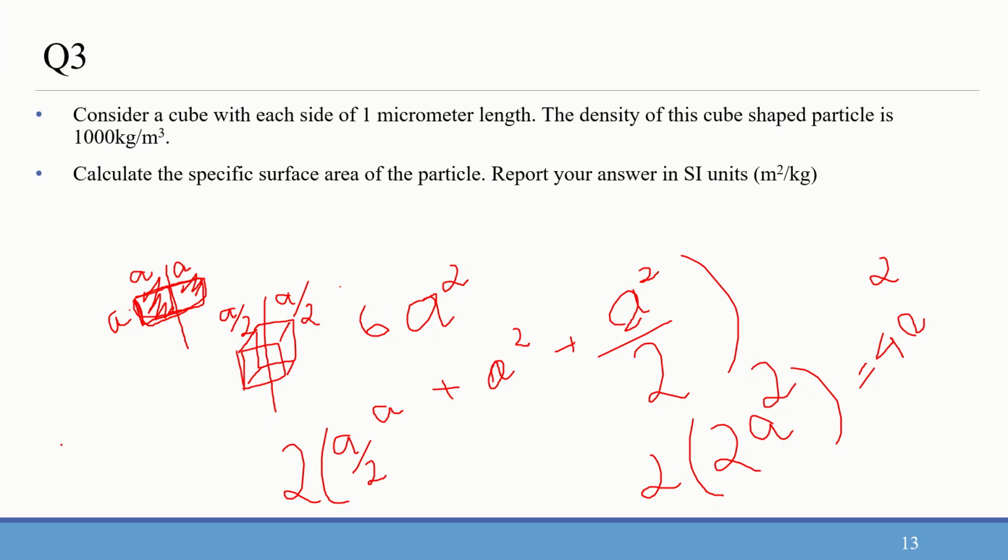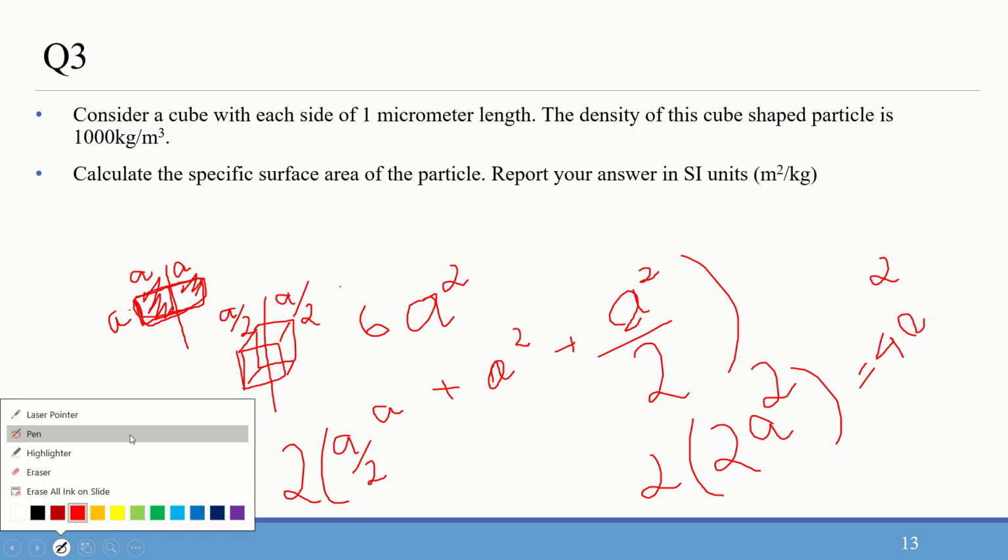The surface exposed to the environment will be more, so we will have a lot of exposure with the fluid or solid we want to have contact with. That is the reason we go for smaller size particles: a smaller particle has a larger surface area, and a larger area to have the reaction.